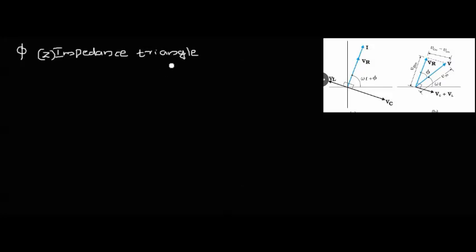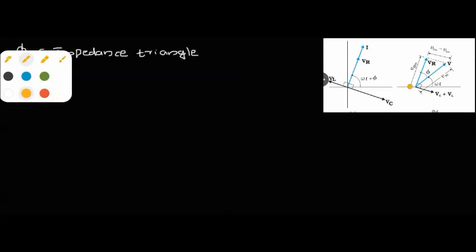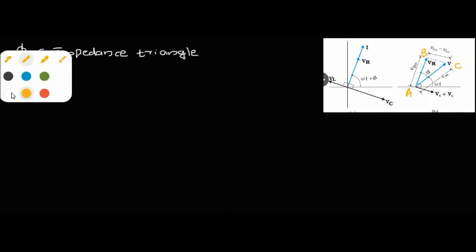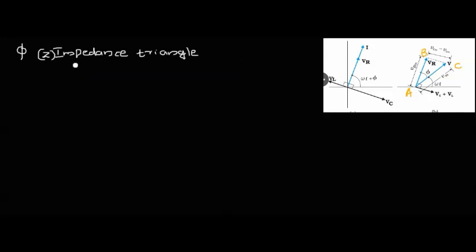So we are creating this impedance triangle from the right angle triangle that we formed here to calculate the value of Vm or Im, this right triangle ABC. Okay, so from the heading itself you can see this is a triangle where only the resistance terms are coming. So this is the impedance triangle.